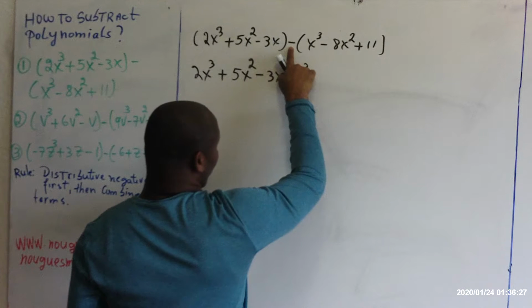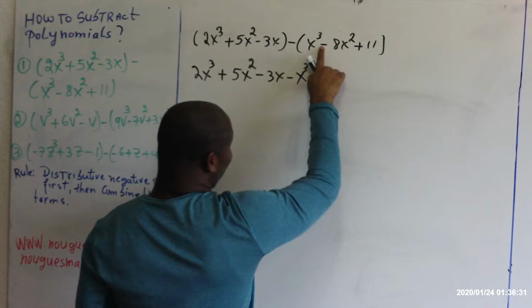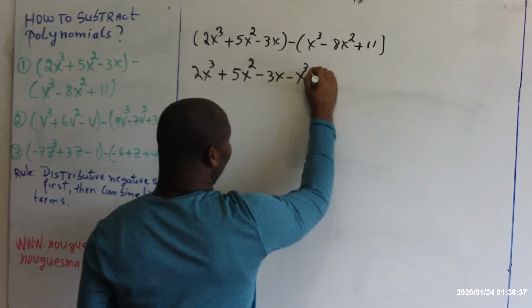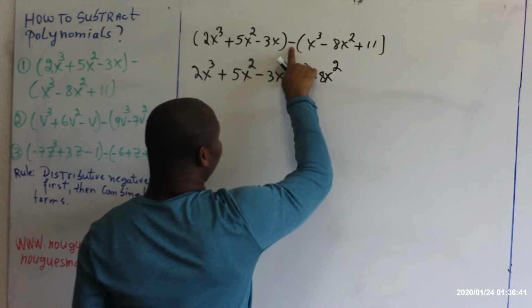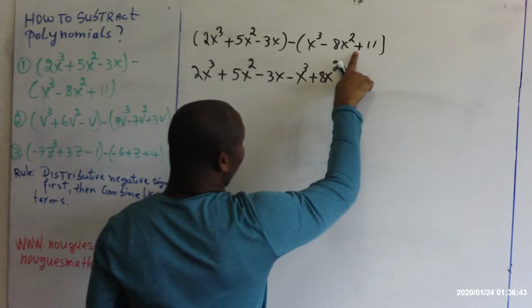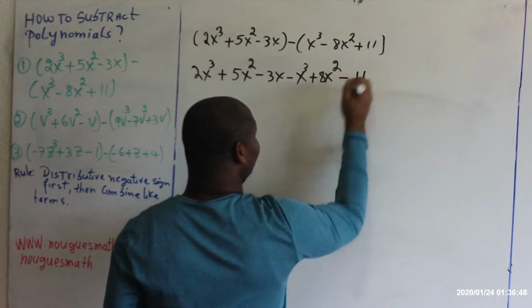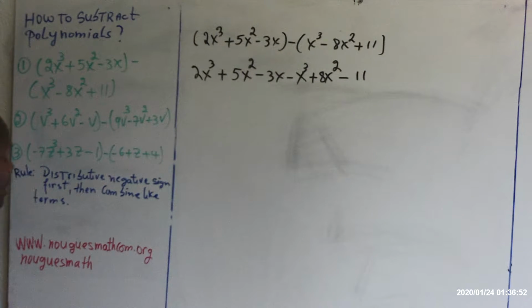Minus sign times another negative sign, that's going to give us positive 8x squared. The negative sign times positive sign, that's going to be minus 11. Okay? So now it becomes simple to combine like terms.